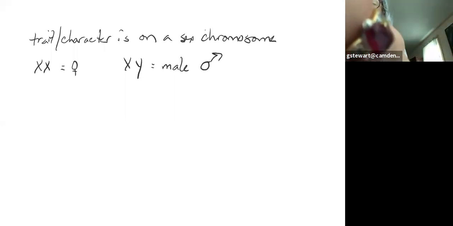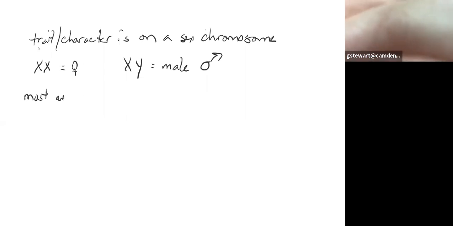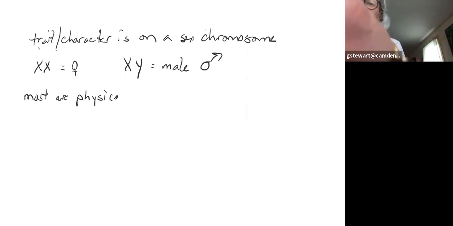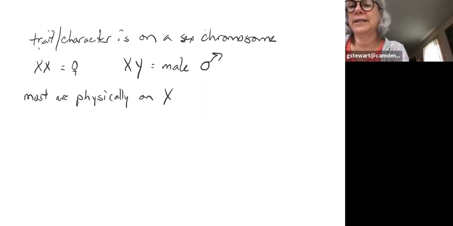So because the X chromosome is so much larger than the Y chromosome, it actually has more genes on it. Most sex-linked traits, most, not all, most, are physically located on the X chromosome. So what does that mean?